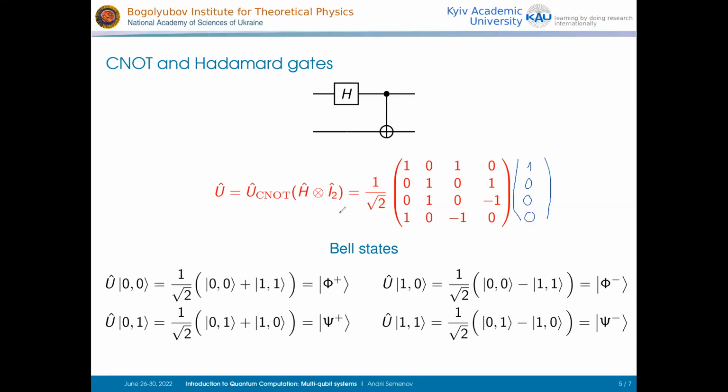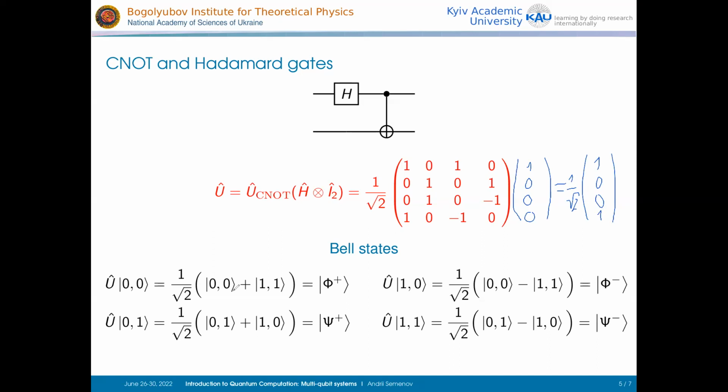Okay, and when you multiply this matrix with this vector, you will get a result where your vector will be 1 over 2, and here is 1, 0, 0, 1.